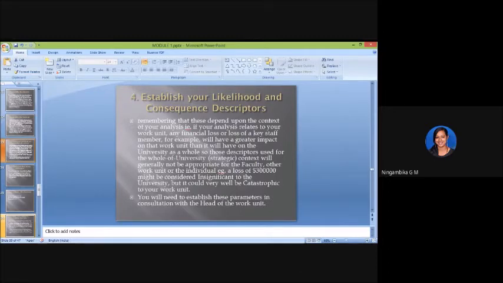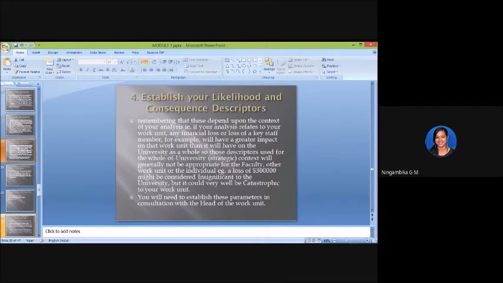If you are thinking about a project as such, it will impact your complete business. So you should analyze what you are trying to establish your likelihood and consequences for. One example quoted here is that a loss of 3 lakh dollars might be considered insignificant to the university, but it could well be catastrophic to your work unit.